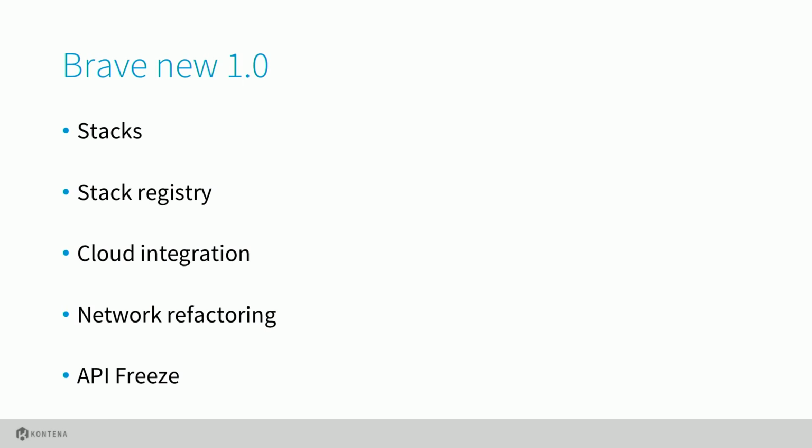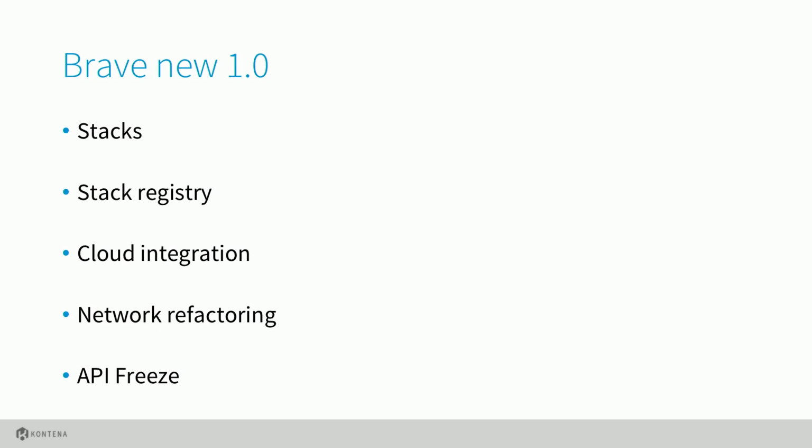What we also did in the 1.0 release, we did quite a lot of refactoring work on the networking side. Not a complete rewrite, but big changes, and the biggest change was to move the IP address management to the node level.